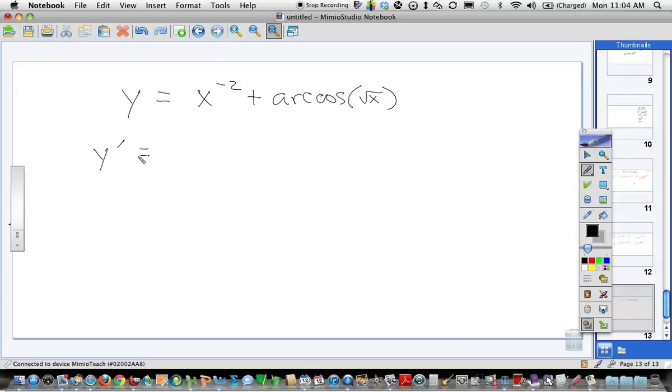Now, you would have -2 x to the -3, right? Plus, arc cosine is -1 over the square root of 1 minus square root of x squared, which would just be x.